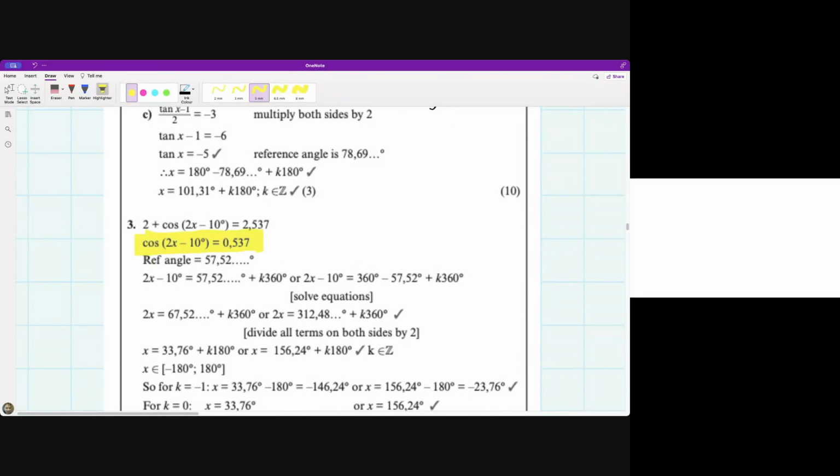If you go shift reference, shift 0.537, give me a thumbs up if you get a reference angle of 57.52. Okay, now, using our method, if cos is positive, I'm going to do step 2 here: what quadrants is cos positive in?